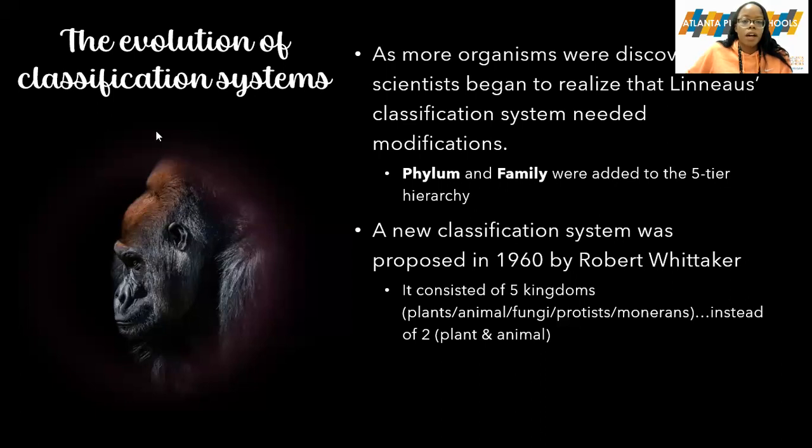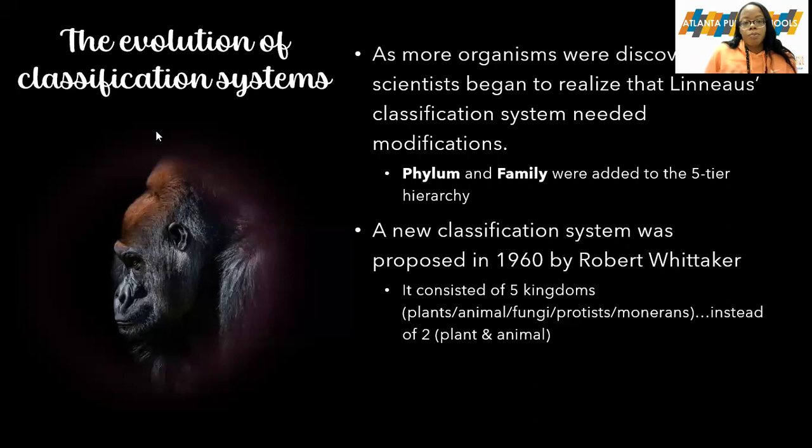And so around like the 1960s is when Robert Whittaker's modifications became more of a thing, or more accepted. And that is because Whittaker saw the work that Aristotle did, he saw the work that Linnaeus did, and he believed that modifications still needed to be made.